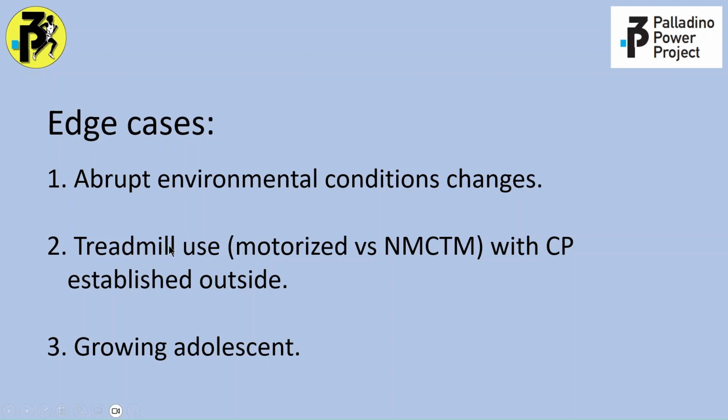Same thing for treadmill use, whether it's motorized or non-motorized. There's a little bit different process in calculating the weight setting for this versus that, but the CP is established outside. It's not going to be effective for treadmill use, so I adjust the weight setting to compensate.